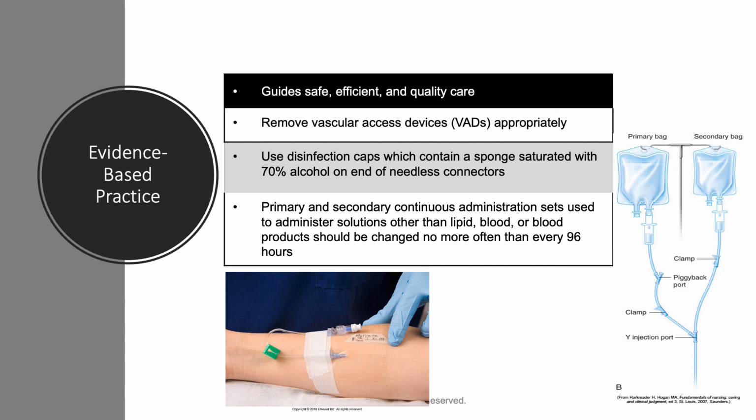So these caps, and let's just refer to the image at the bottom of the screen of the patient's arm with the IV in. We refer to that as a saline lock. At the end of that saline lock, you'll see a cap. There's like a white cap with some blue underneath. This is a needleless connector.